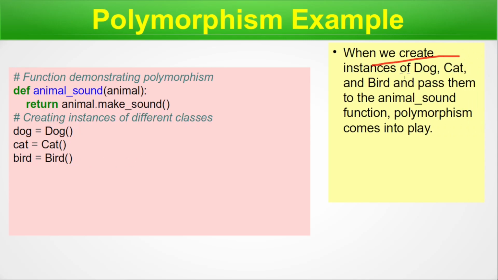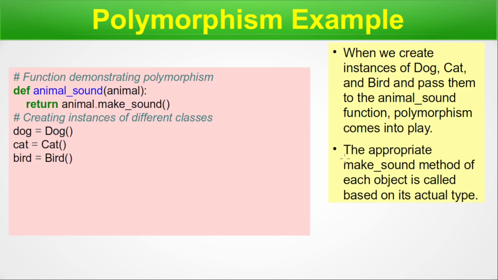When we create the instances dog, cat and bird and pass them to the animal sound function, polymorphism will come into play. So here we have defined the polymorphism of this function animal sound, and it will pass on to the make sound. So earlier we have defined the make sound for that, right? The appropriate make sound method of each object is called based on its actual type.